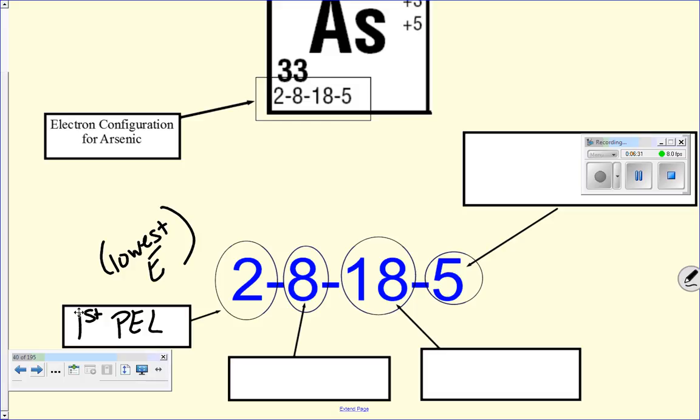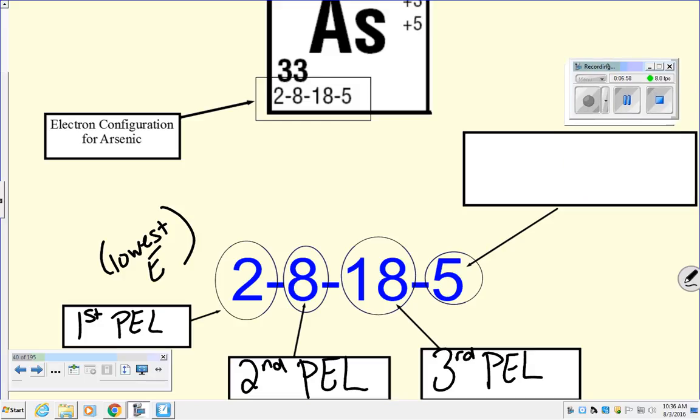On some of the larger atoms, I know some of you might be looking at those and thinking, hey, it starts with a bigger number. It actually starts with a little dash; there's a 2-8 they took out there. The second principal energy level in arsenic is holding 8 electrons. If you look around in the periodic table, that's the most the second principal energy level can hold. The third PEL for arsenic is full with 18 electrons.